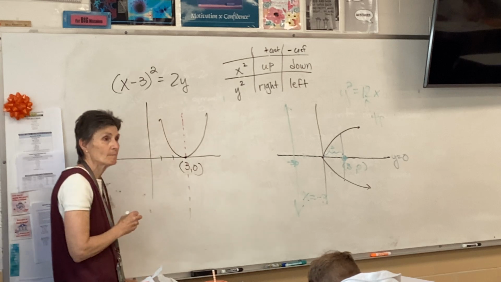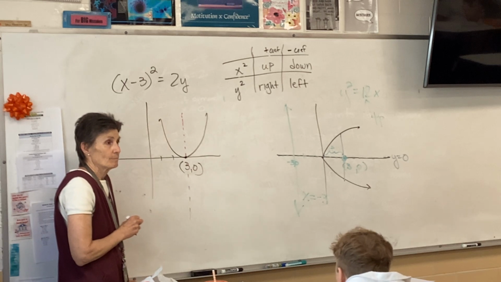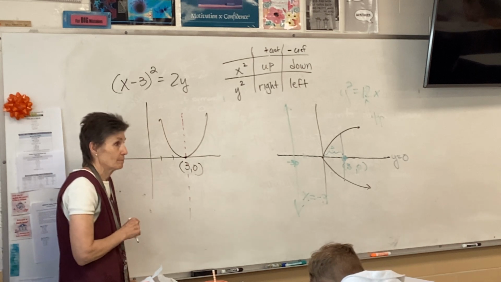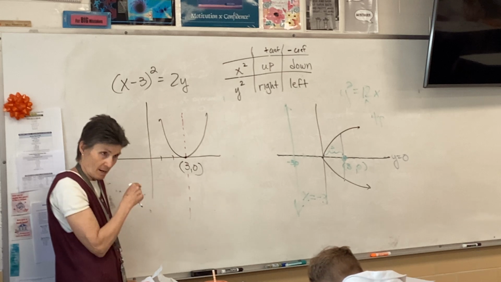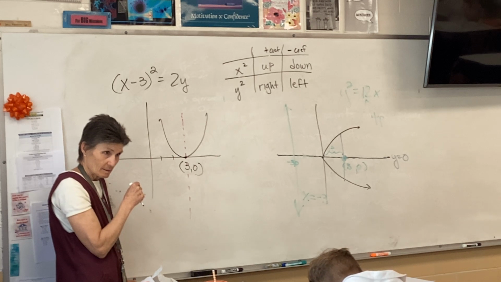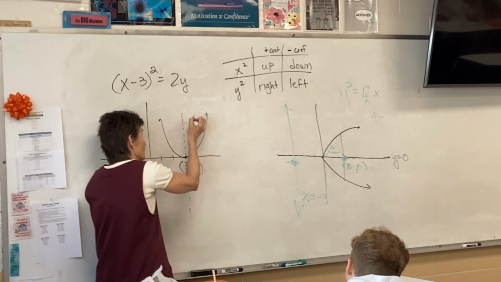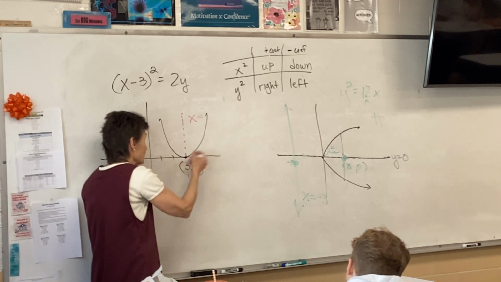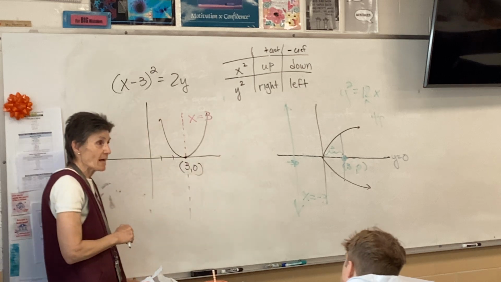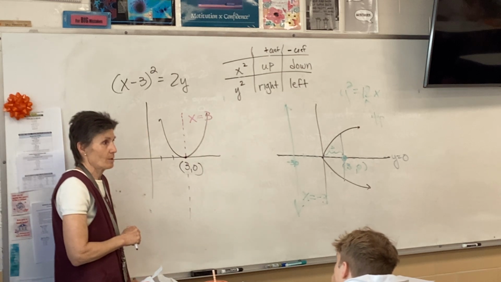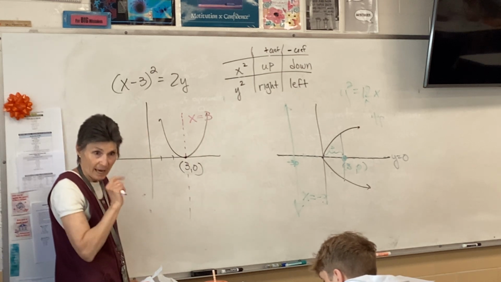Would you agree with that? You'll fold it in half. That is a line that crosses the x-axis at 3. So that's the line x equals 3. That is your axis of symmetry.